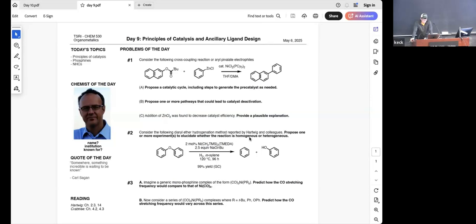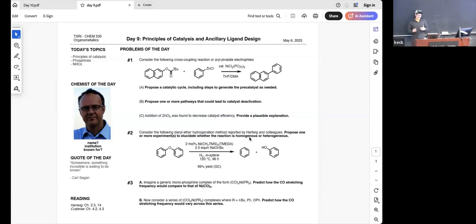So this reaction, some of the signaling elements that might make you suspect, I'm not 100% sure this is homogeneous, would be extreme operating conditions. So you've got H2, you've got high temperature, long reaction time. And if you look and you say, what are the strongly coordinating ligands? This is directly related to Oliver's question.